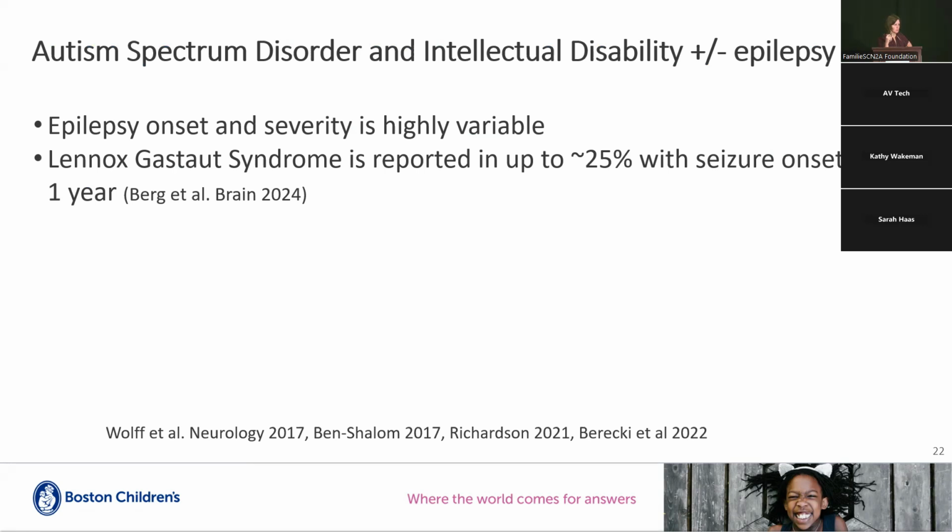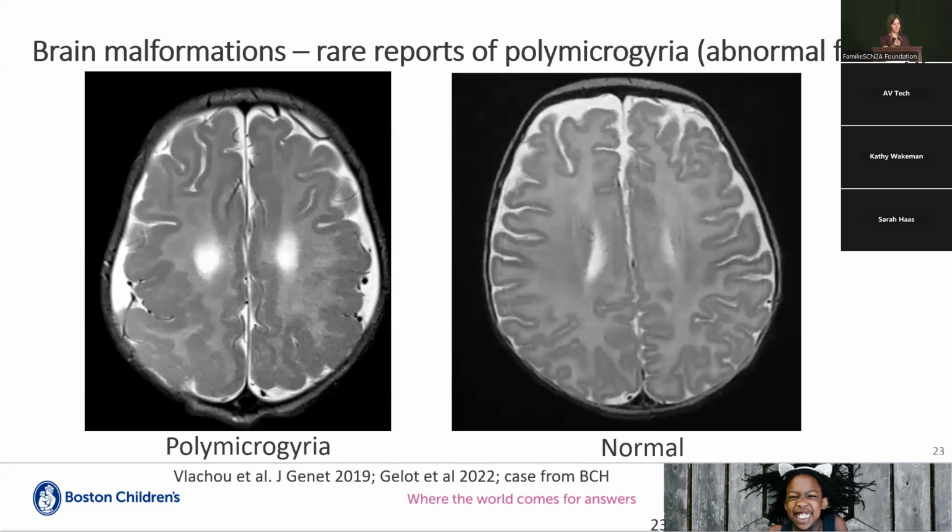And there are a lot of drugs that are approved for Lennox-Gastaut syndrome, but you want to think about it in the context of LGS with SCN2A when you're thinking about treatment options. And this is not a syndrome, but just to add, there's a small subset of individuals who have renal malformations with their SCN2A variants.